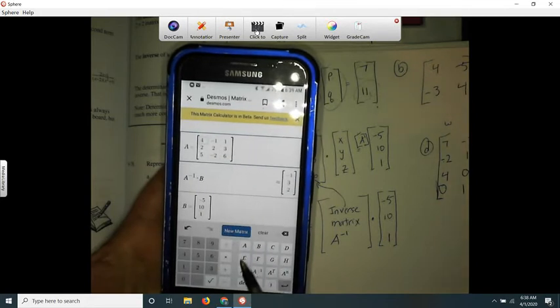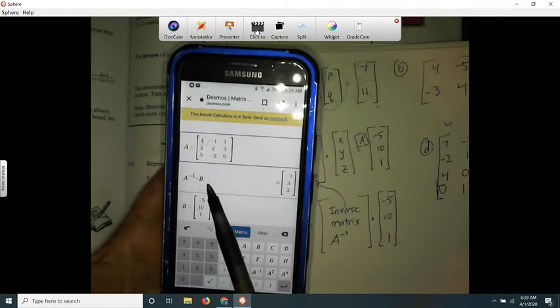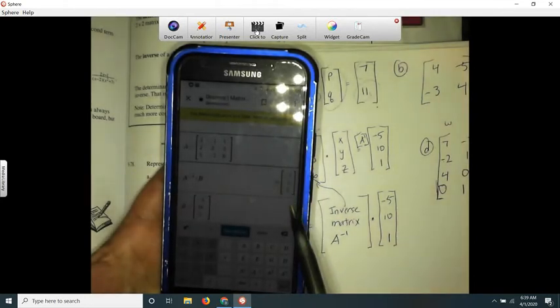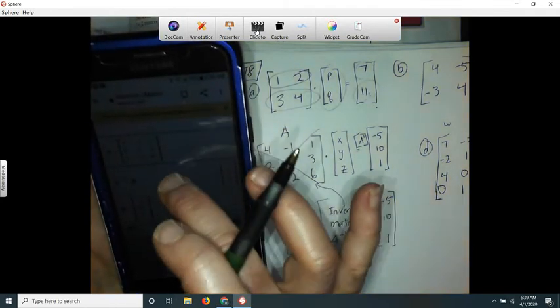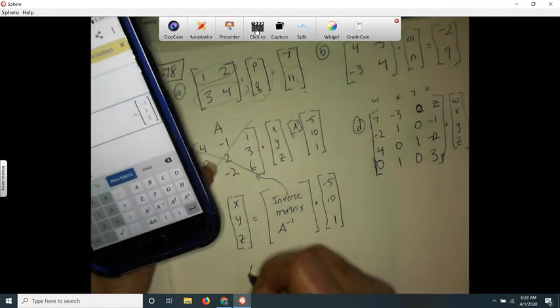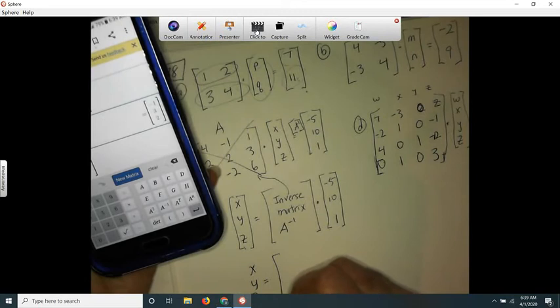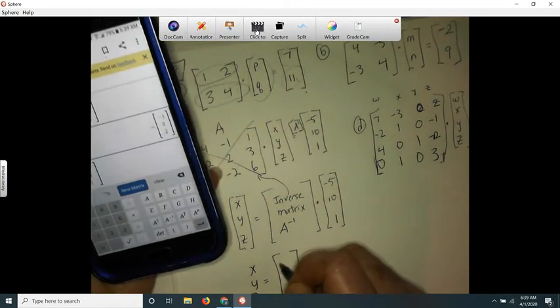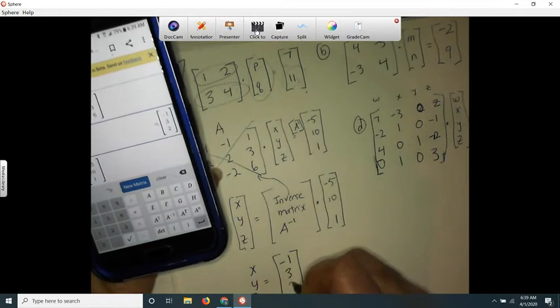Anyway, you put your 2 matrices in, and then you just tell the calculator what you want it to do. I multiplied A inverse by B, and I got my matrix. So it's -1, 3, 2.